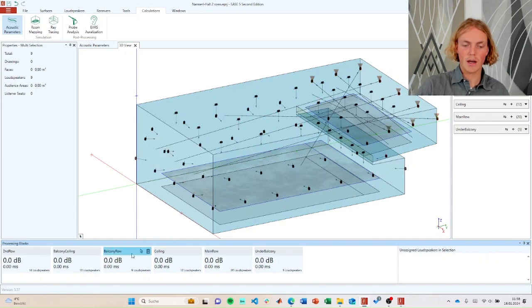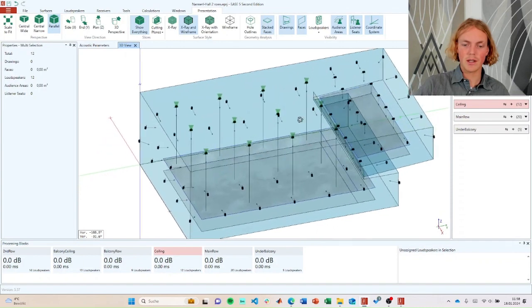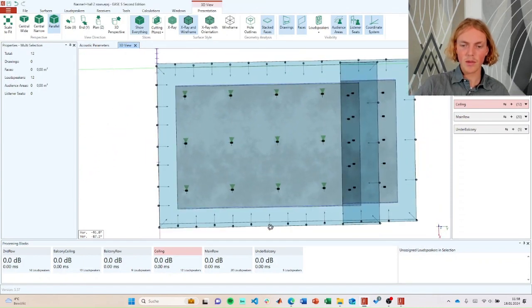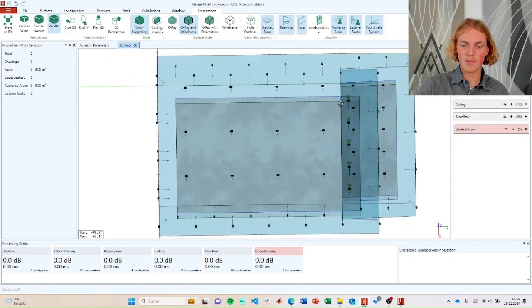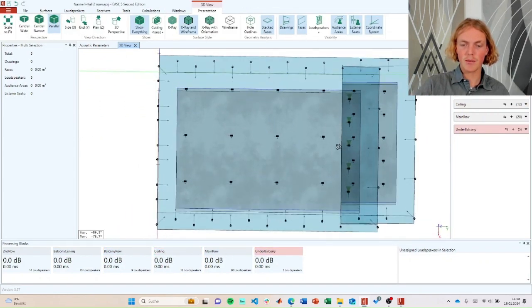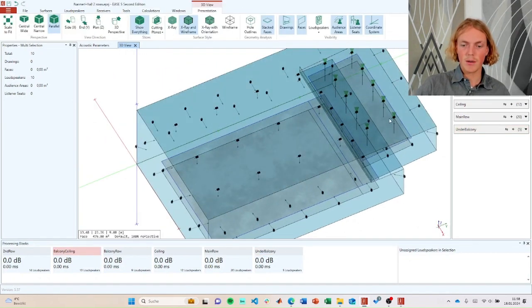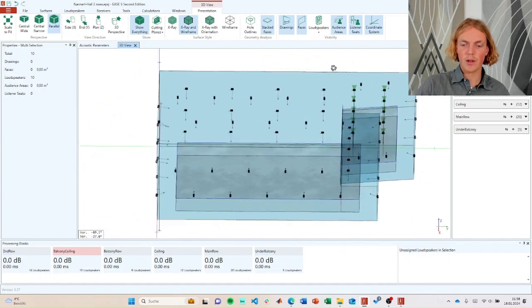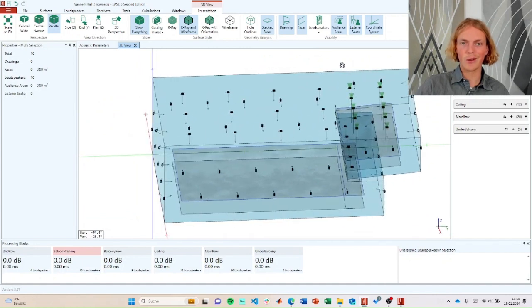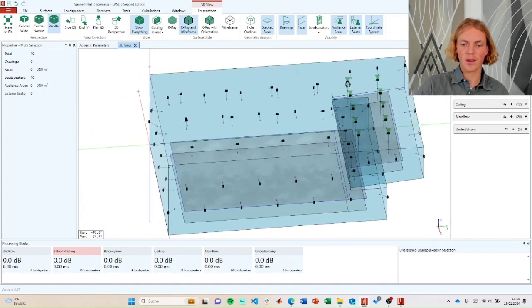Then we have the ceiling processing block, which are the ceiling loudspeakers for the main room. Then we have the under balcony ceiling speakers, which are underneath the balcony, and the balcony ceiling, which are for the audience located on the balcony.